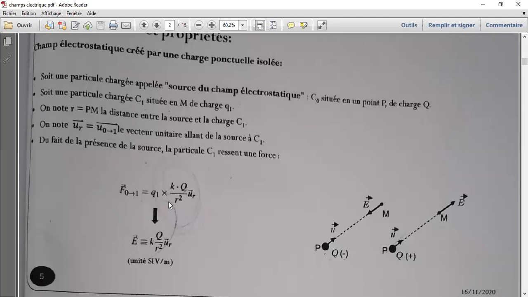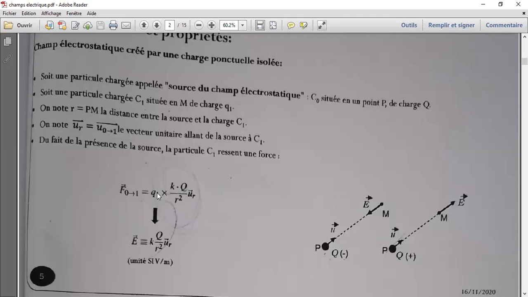So for the formula of the champ électrique, represented by E, you remove the one which receives the force. For example, Q1, the charged particle at point M, feels the force, so we are not going to include it.